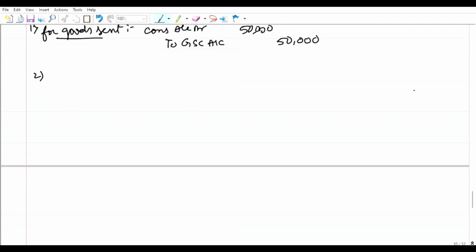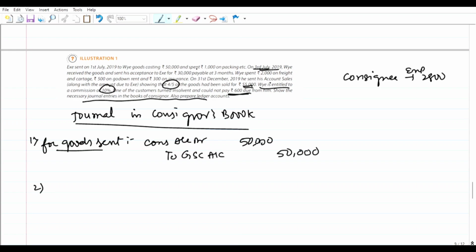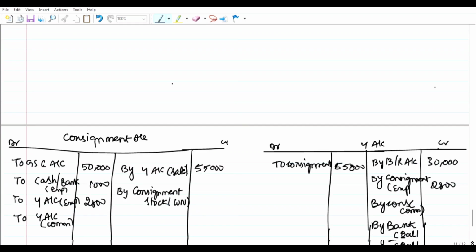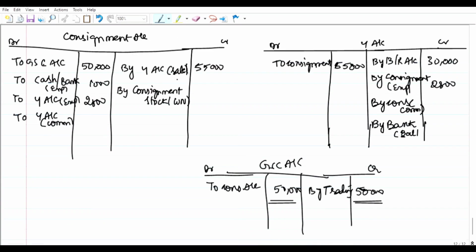If 10% is there, you can reduce a zero and write down the remaining value. That would be 5,500. The commission is of 5,500 rupees.